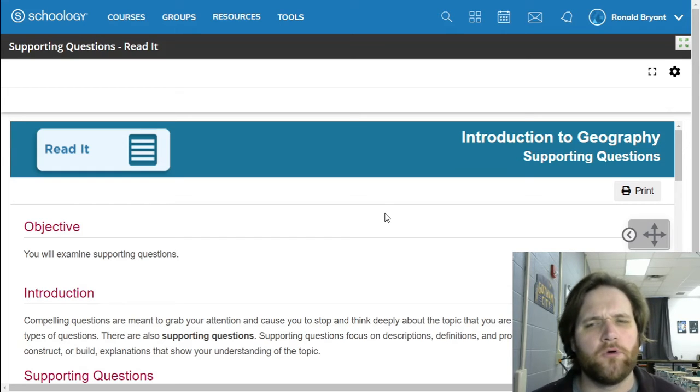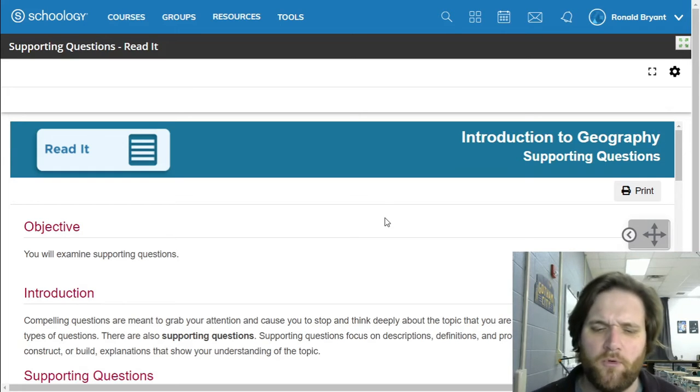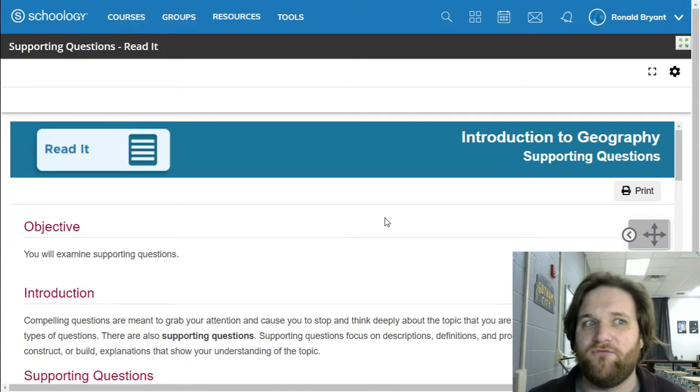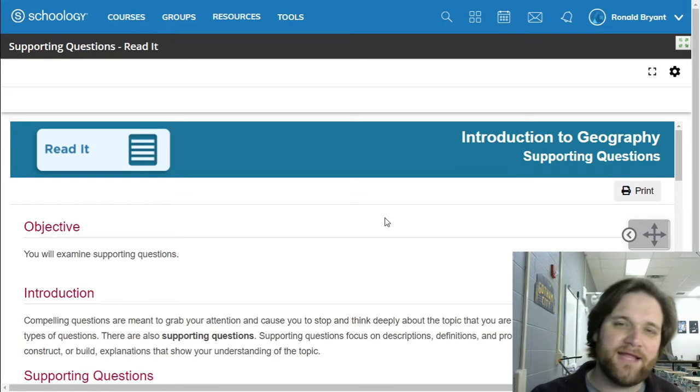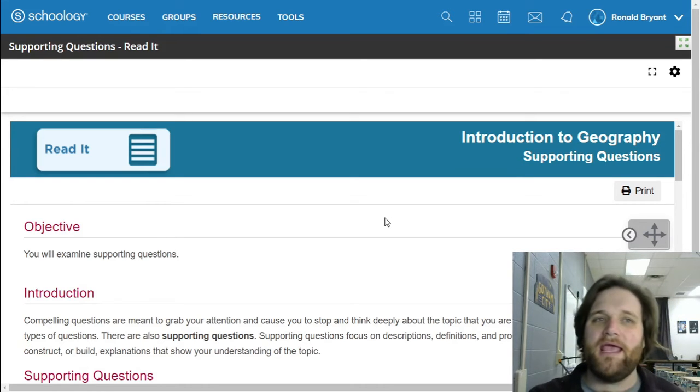I don't want to say support your argument because it's using the word supporting in there, but this is what is going to prop it up. These are the questions to get to a further level of understanding, where if we understand it at a much deeper level, it makes it easier to understand the big picture.